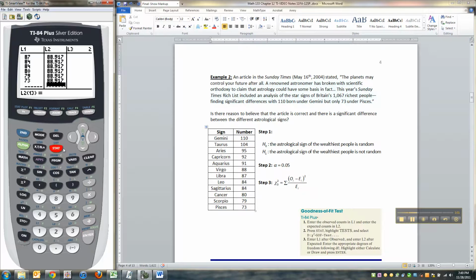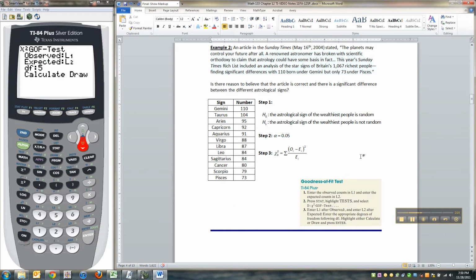Okay, then I go to Stat and I go to Tests, and I'm going to choose letter D, which is close to the bottom. It's the chi-square goodness of fit test right there. Grab that. And it's saying, okay, where's your observed, which for me was L1. Where's your expected, L2. What's your degrees of freedom?